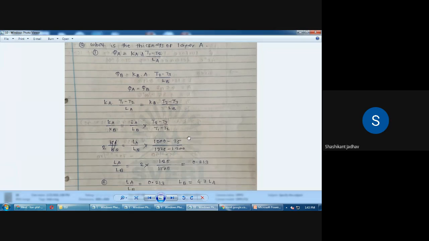Okay, so write down, this is the solution for this. QA is equal to K into A into T1 minus T2 by LA. Similarly, QB is equal to KB into A into T2 minus T3 by LB. Heat flowing is same, so QA is equal to QB. Equate both equations. So from that, we get the value of LA by LB.